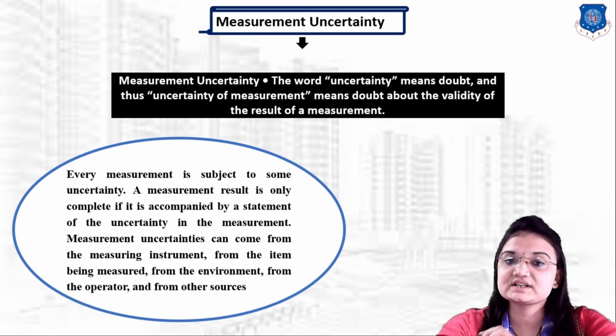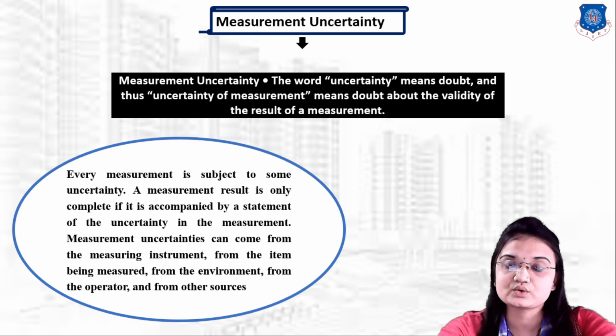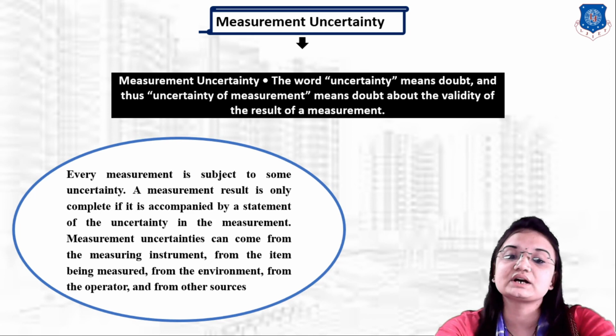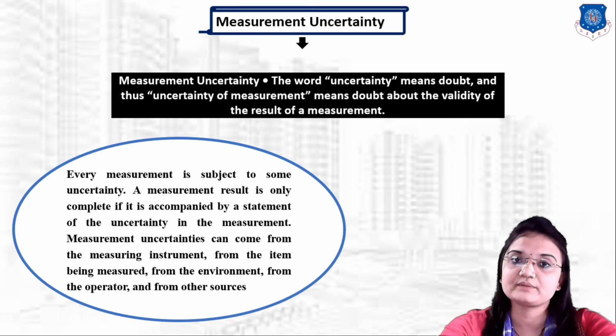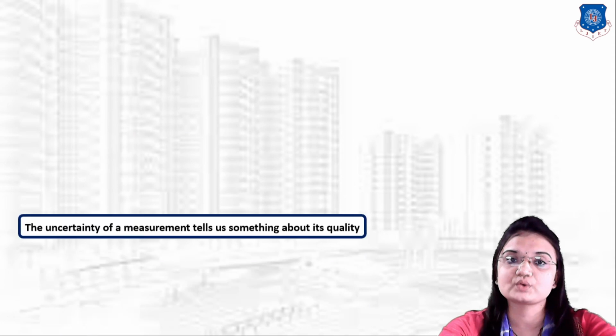Measurement uncertainty can come from the item being measured, from the environment, from the operator, and from other sources. These are the main sources of measurement uncertainty.